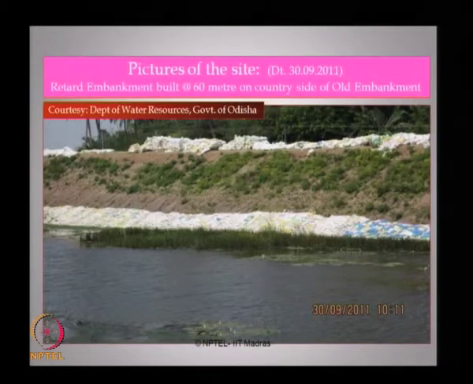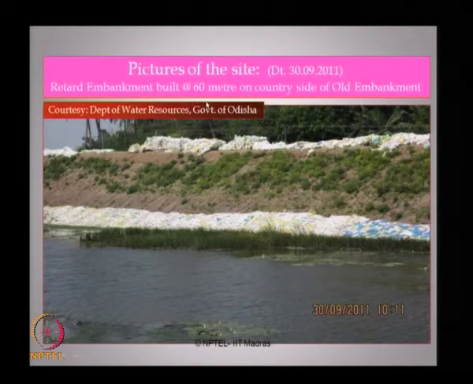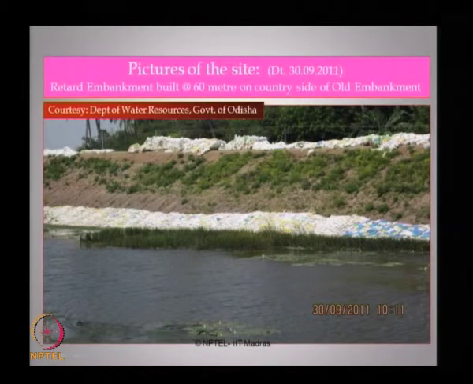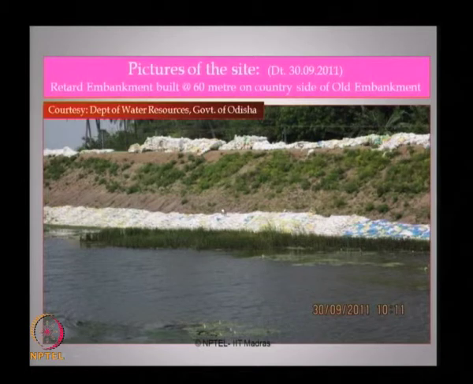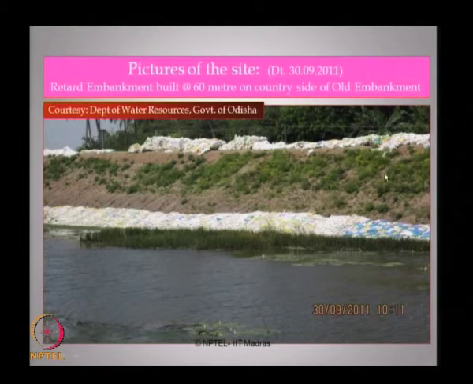If you look at another photograph very recently taken on 30/9/2011, the retired embankment built 60 meters away on the country side of the old embankment is a new construction. This is the old one and this is the new one. It is a new construction again, thinking that the advancement can be stopped by this kind of rural earthen construction.